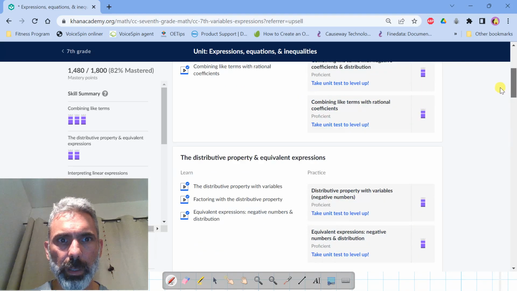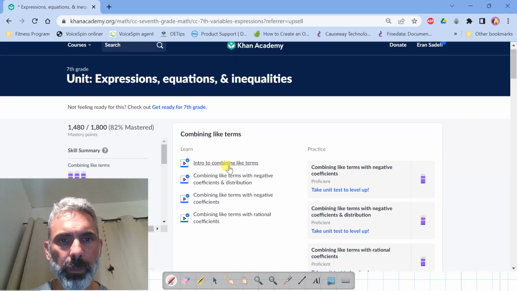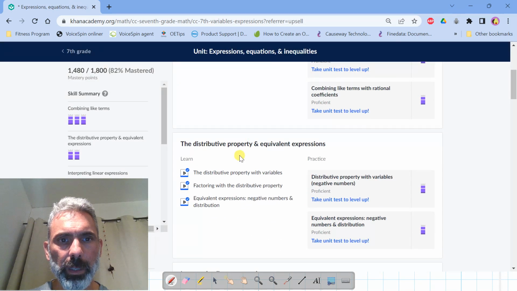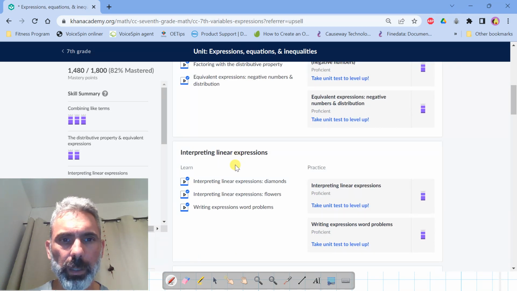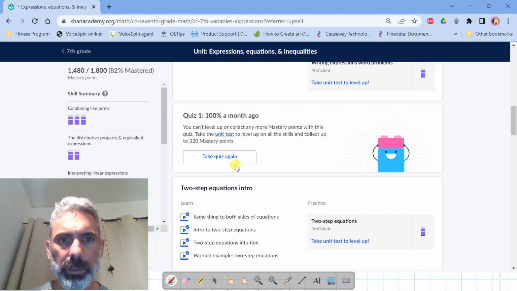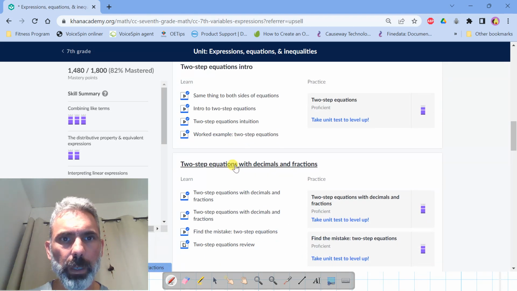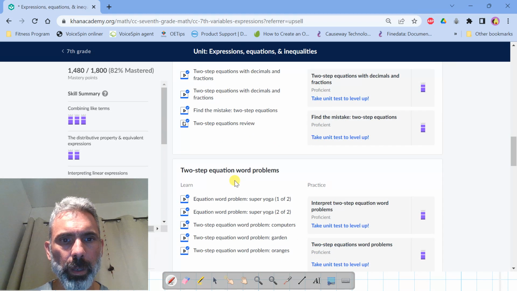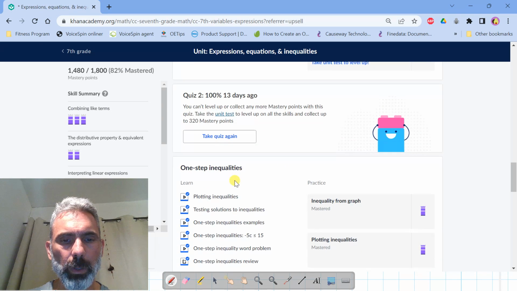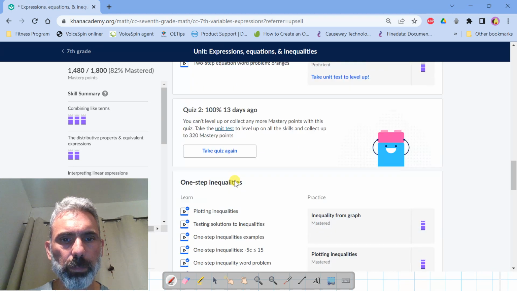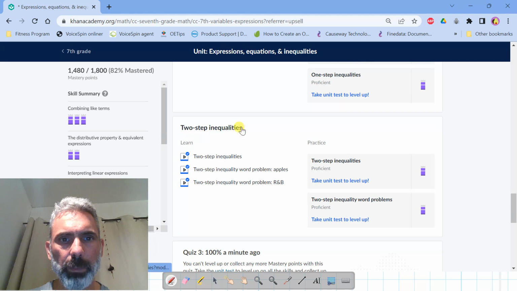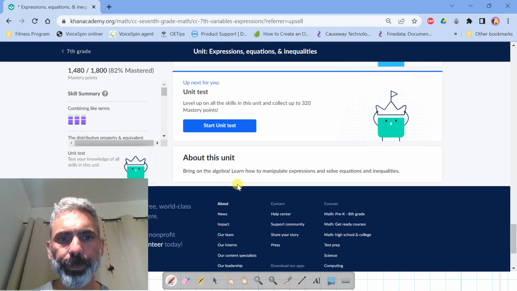The unit test will be about combining like terms, the distributive property and equivalent expressions, interpreting linear expressions, two-step equations, two-step equation word problems, two-step inequalities.